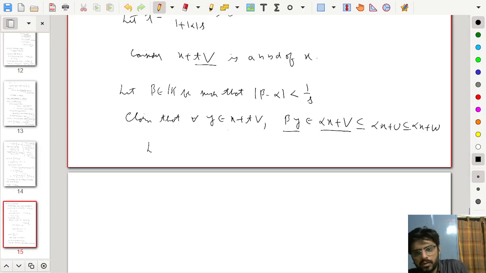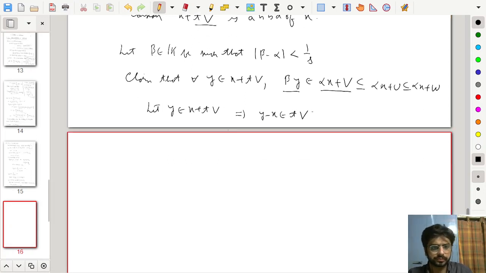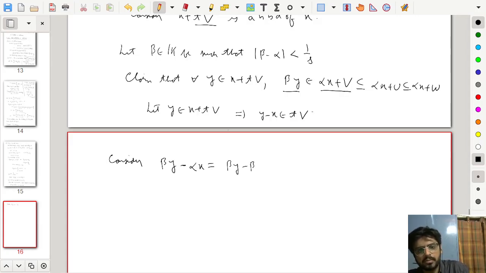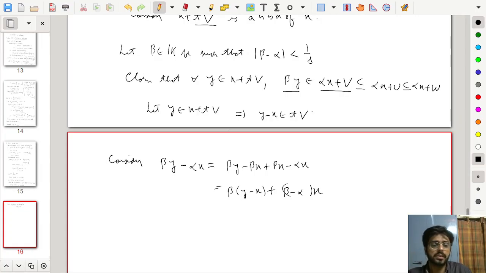Okay, so let y belong to x plus t v. This implies y minus x belongs to t v. Okay, now consider this beta y minus alpha x. I add and subtract beta x. This is equal to beta times y minus x plus beta minus alpha times x, right?